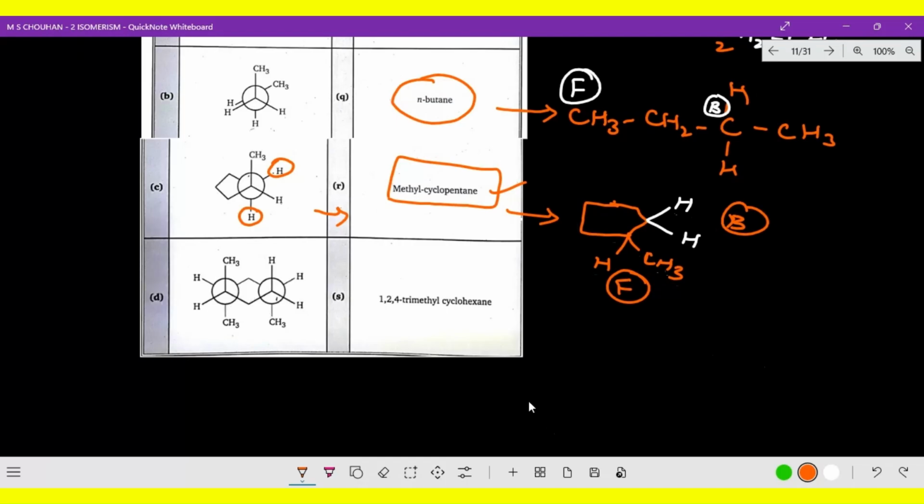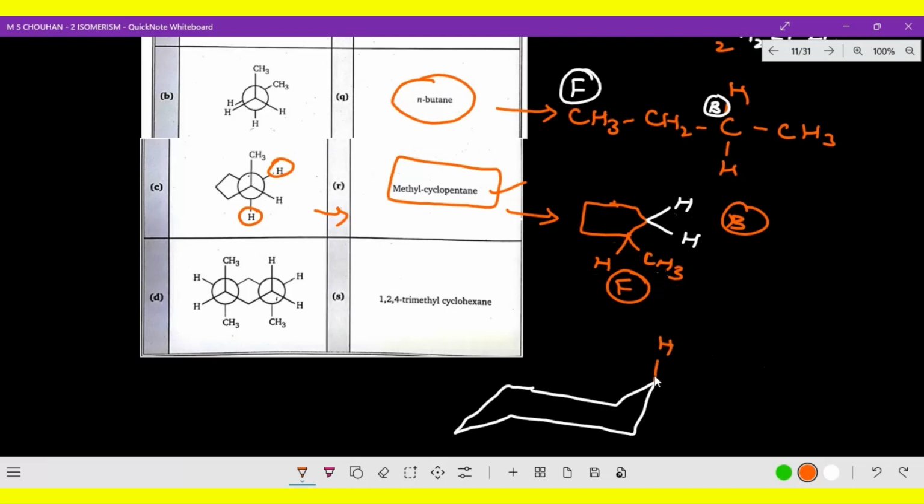Okay, now let me draw the structural formula here so that it will be easy to understand. This is the chair conformation, like this. I'll show it in a different color. This is the front carbon, which is attached with the front carbon, and the back carbon, here CH3 CH3, and here the front carbon CH3. Let me write the structural formula clearly.